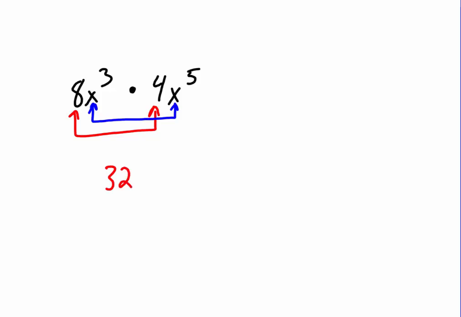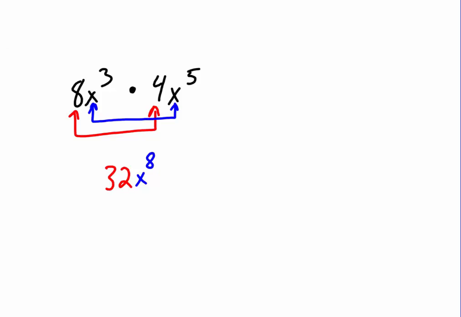With the exponents, we would add the exponents. So x to the 3 plus 5 is 8. And that's the way that this rule works every single time. Even when we have negative exponents, we can just add them together if we're multiplying. Now, one of the big mistakes people make is that they hear, oh, we add the exponents, and then they try to add the 8 and the 4 when this is multiplication still, and 8 times 4 is going to be 32.